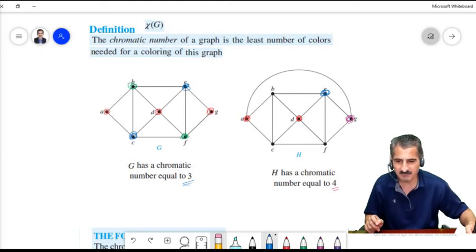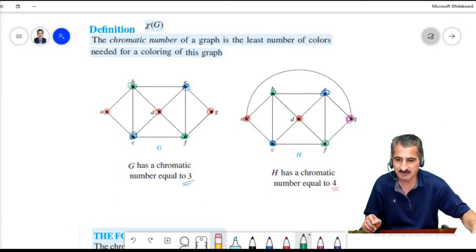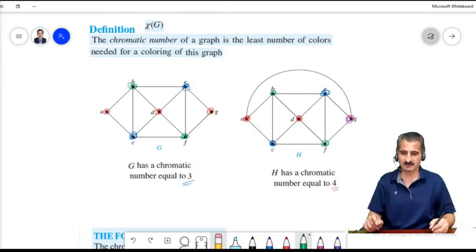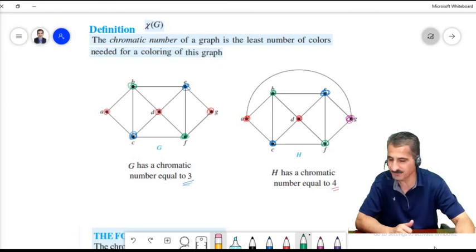Okay, we can go blue here, but we cannot go blue here, so we go... okay. So in F, I cannot go red, cannot go blue, cannot go purple, so I will go for green. So 4 colors. So the chromatic number here is 4.